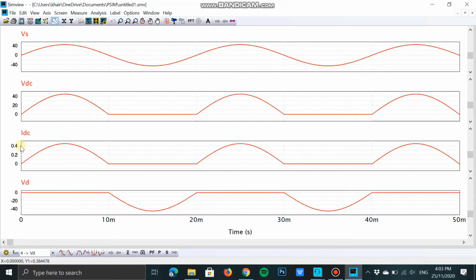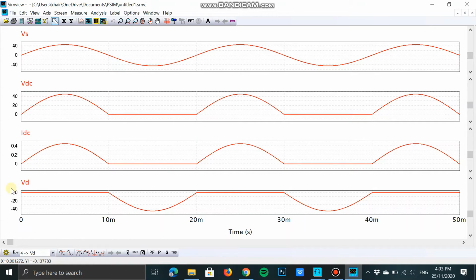For R with 25 ohm, we obtain the result of 1.8 ampere. Everything is the same for the 25 ohm except for the value of IDC.